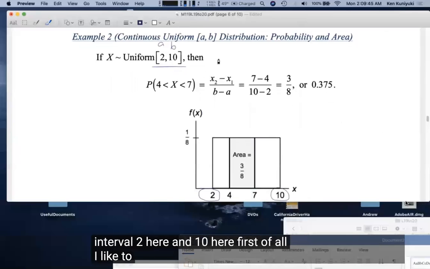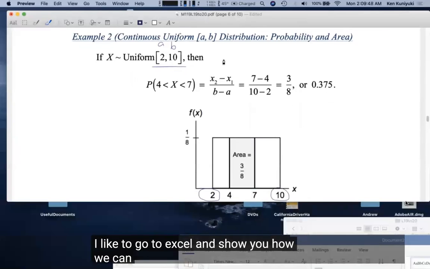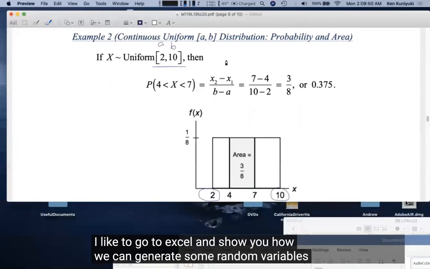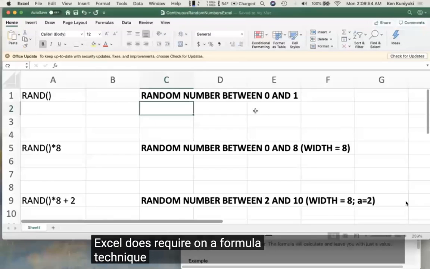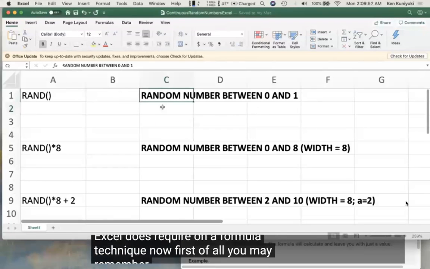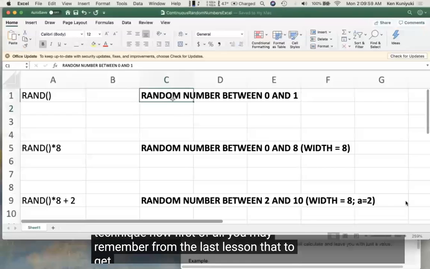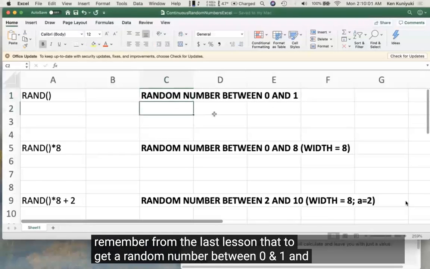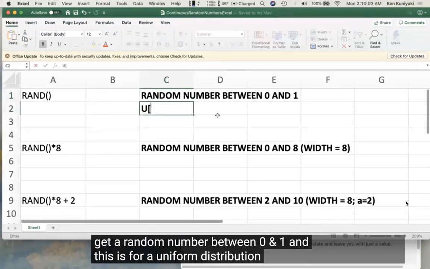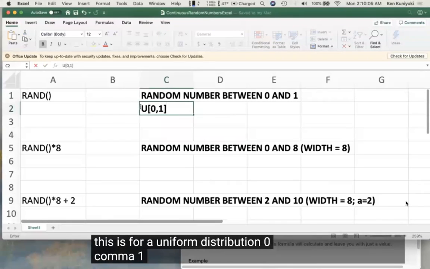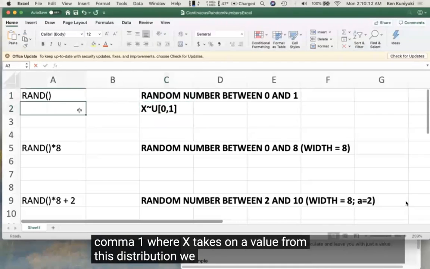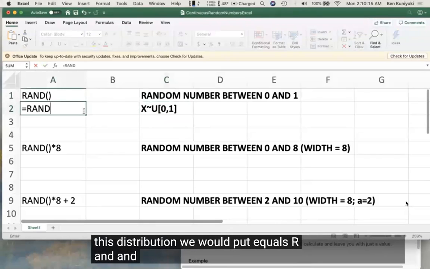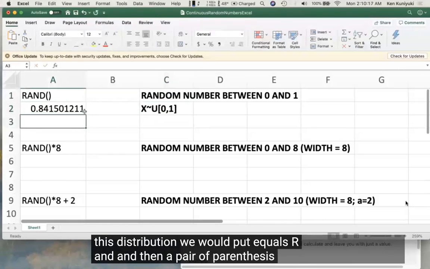First of all, I'd like to go to Excel and show you how we can generate some random variables with this distribution. And actually, Excel does require a formula technique. Now, first of all, you may remember from the last lesson that to get a random number between 0 and 1, this is for a uniform distribution 0, 1, where X takes on a value from this distribution, we would put equals rand and then a pair of parentheses.